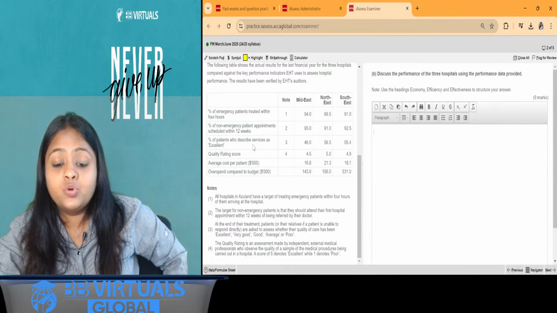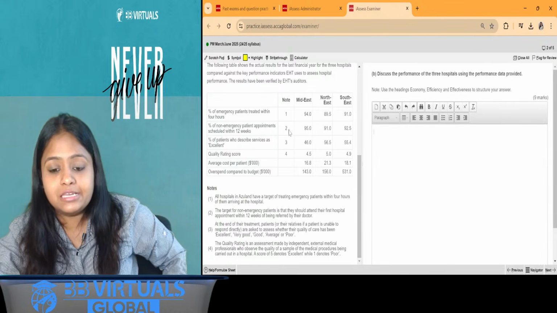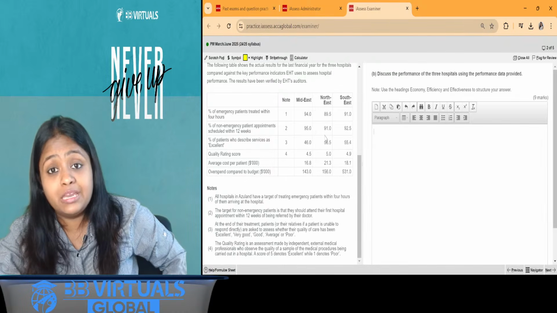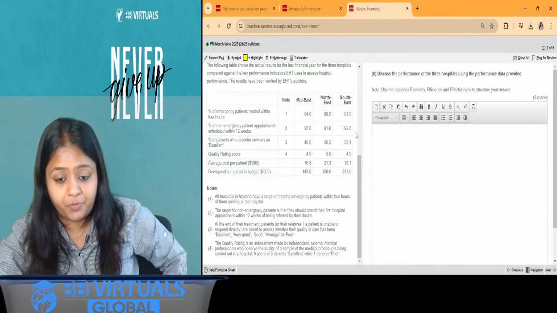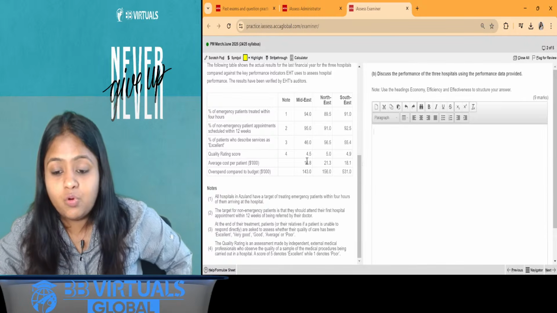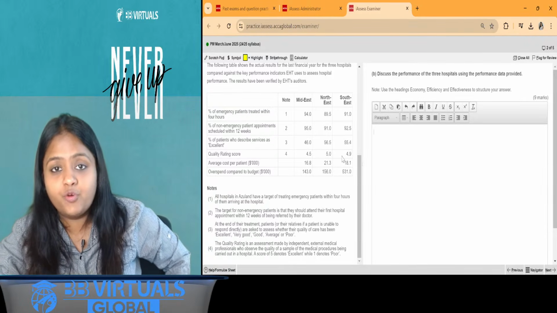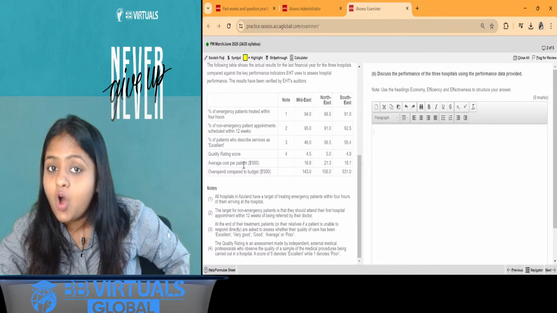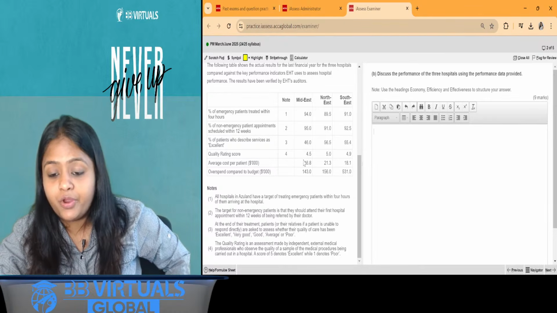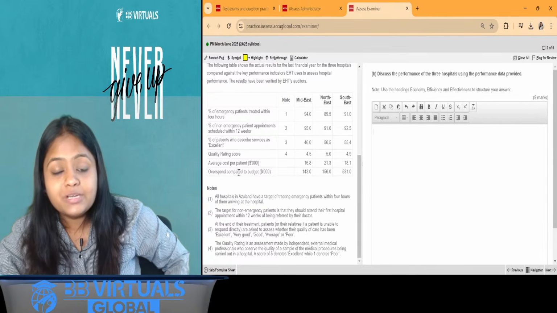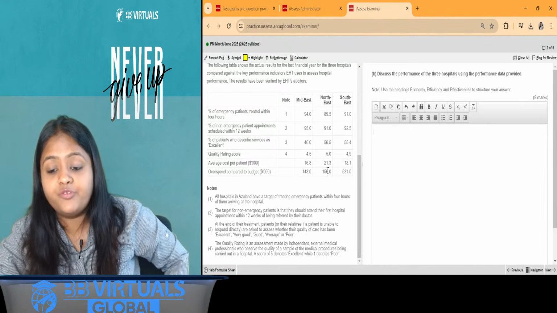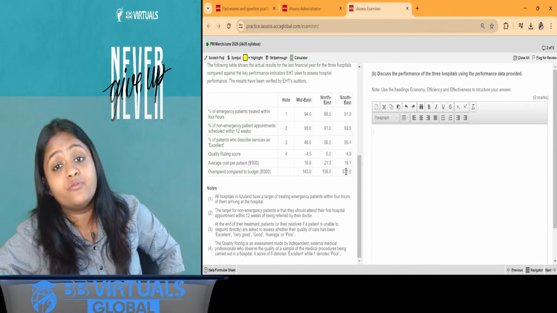Percentage of patients who describe the services as excellent: 46 only, 56.5 and 55.4. Quality rating score is 4.5, 5 and 4.9. Average cost per patient is 16.8, 21.3 and 18.1. Overspending compared to the budget is 143, 156 and 531.